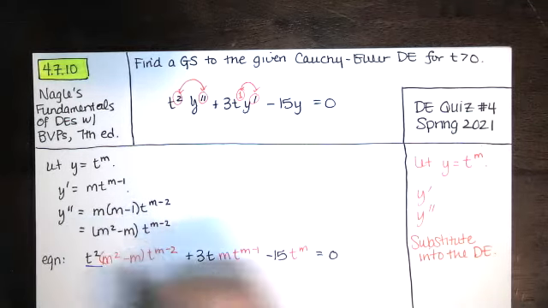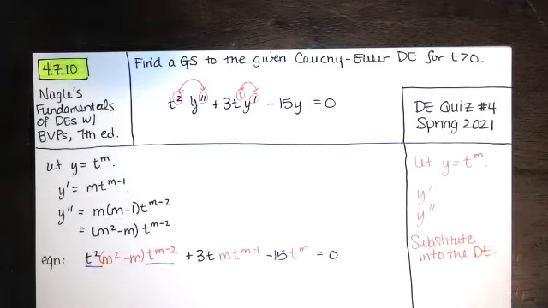Now, when I multiply t to some power by t to a different power, the way I do that is I add the exponents, because it's like I've got m minus 2 copies of t over here, and then I've got 2 more over here. So the total number of copies of t I have are this many plus the 2. So I just add the exponents, and that gives me a t to the m.